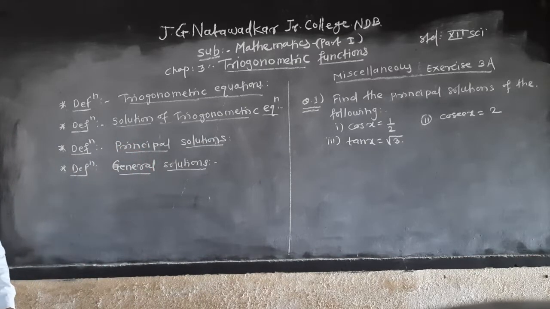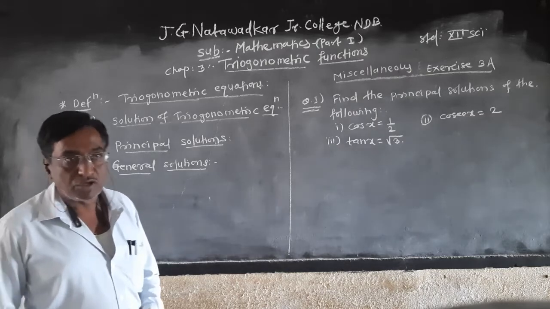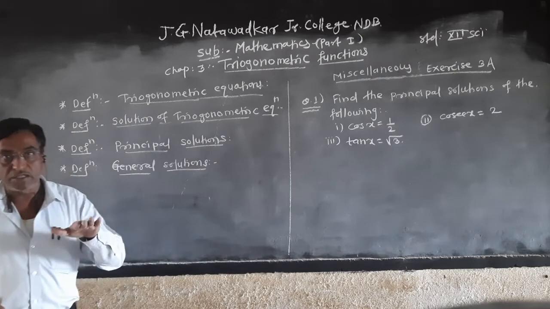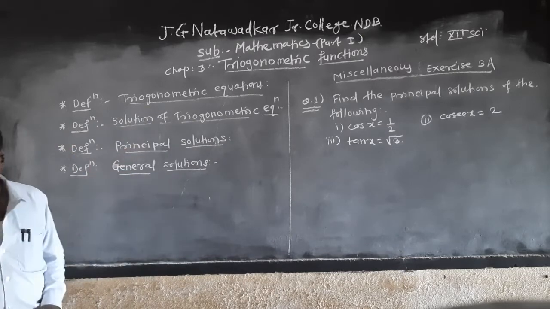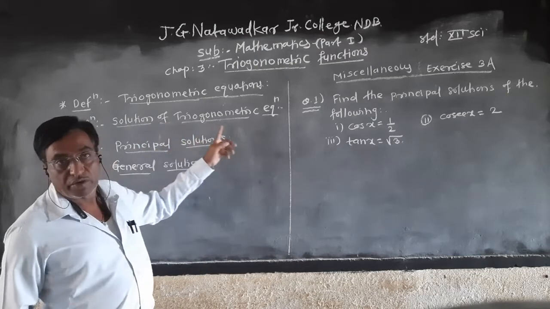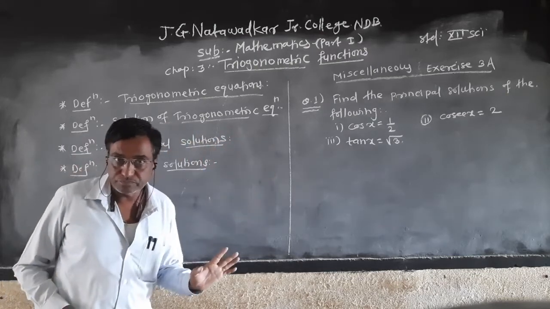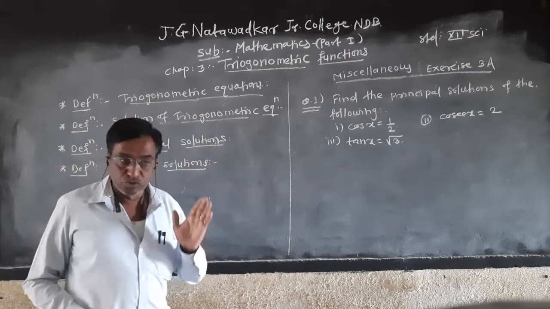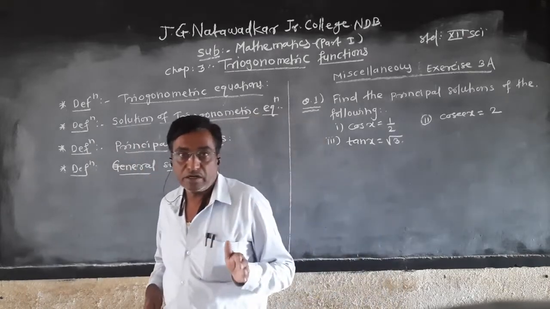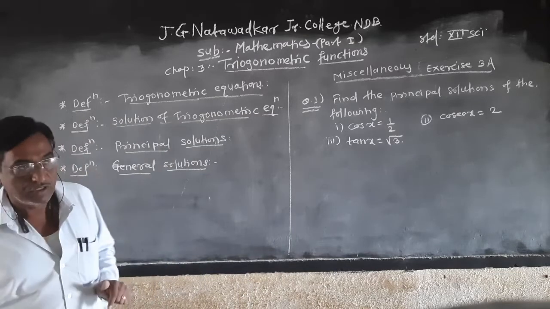Here, the solution is those values of the variable involved in the equation which satisfy the given trigonometric equation. Those values of the variable which are involved in a trigonometric equation and which satisfy that equation are known as the solution of the trigonometric equation.